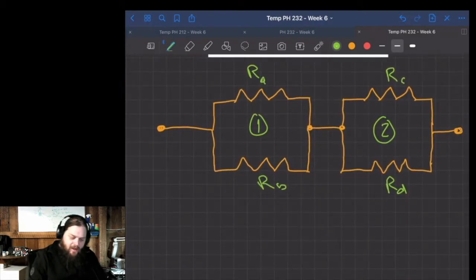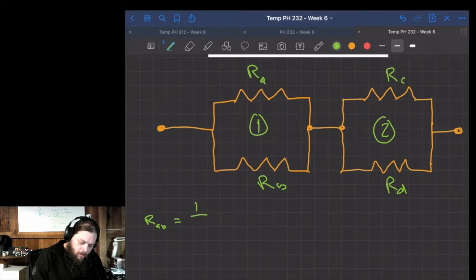So as I was saying earlier, the resistors in parallel, so RAB, which is group 1, is going to equal 1 over 5 ohms plus 1 over 5 ohms, and I'm going to take the inverse of that.